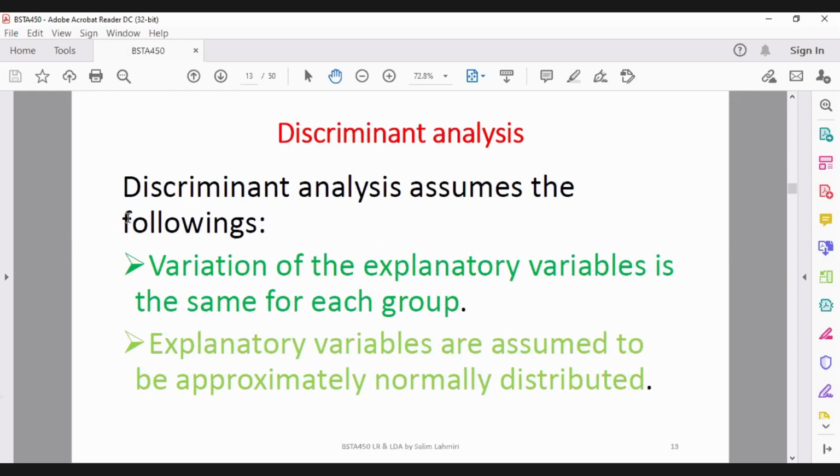Second assumption, explanatory variables are assumed to be approximately normally distributed, meaning that x's are assumed to follow a normal distribution, which is also a very strong assumption under the discriminant analysis framework.